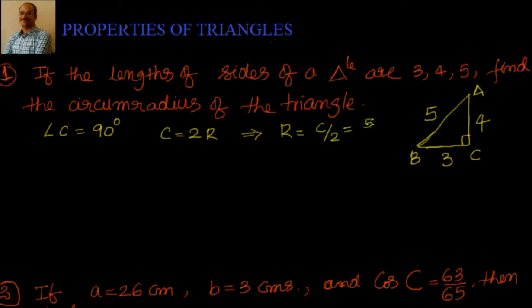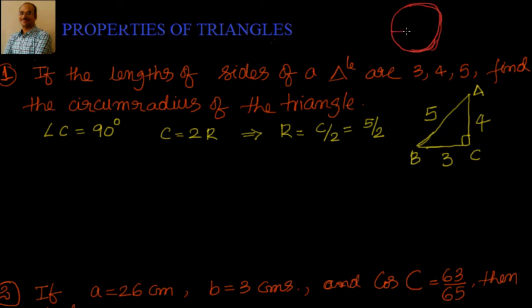You can ask me, how is this possible? Let me just draw this diagram and show it to you. Let us say this is the circle. For some time, imagine that it's a circle. Now if it's a right angle triangle, you know that the angle in the semicircle is a right angle.